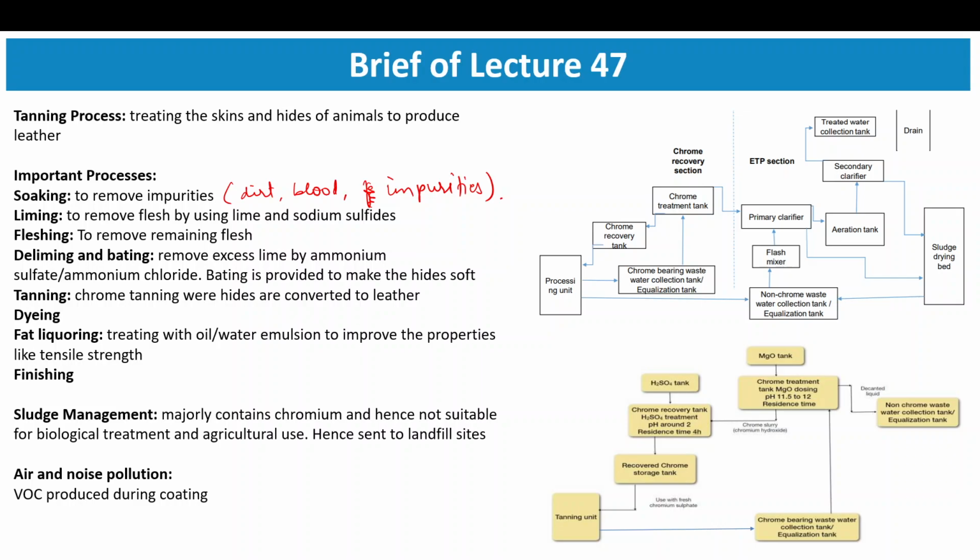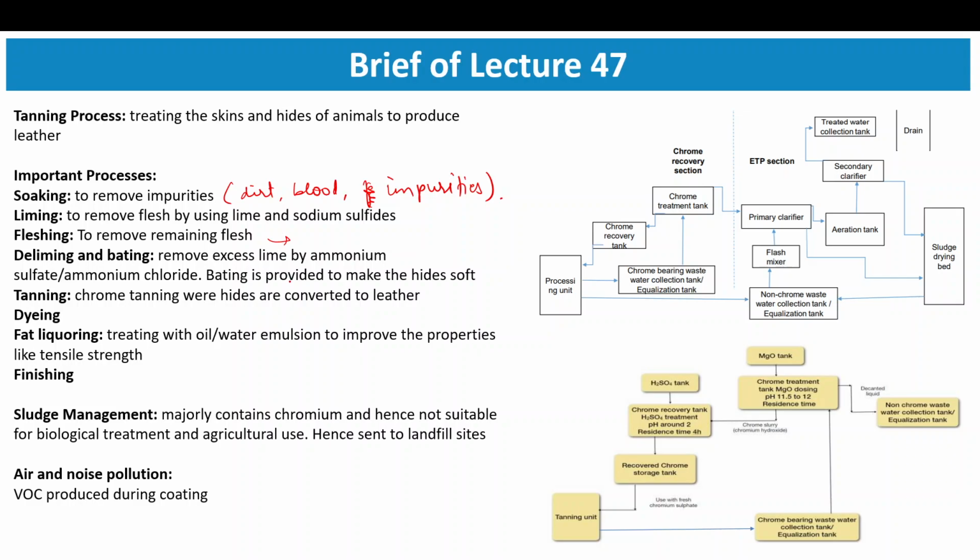And even after that process, if there is some remaining flesh on the skin, then it is removed manually, which is known as fleshing. Now, after that, there can be some excess lime which was supplied during the process to remove the flesh. So the next step here is to remove the excess lime, meaning you neutralize the lime by ammonium sulfate and ammonium chloride.